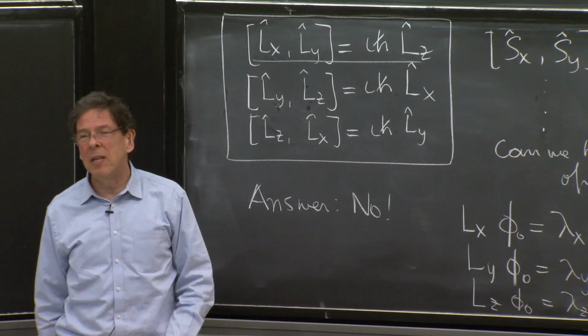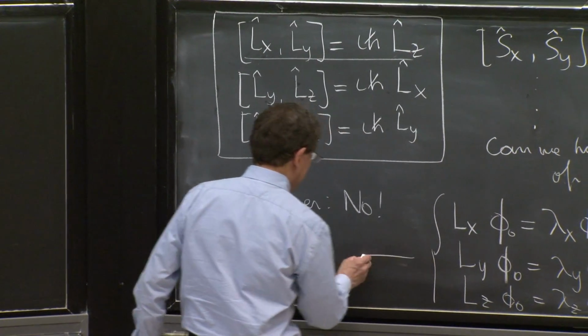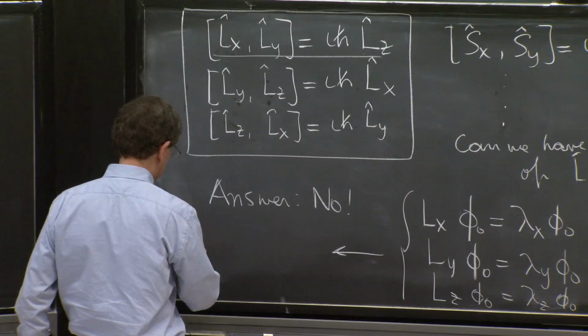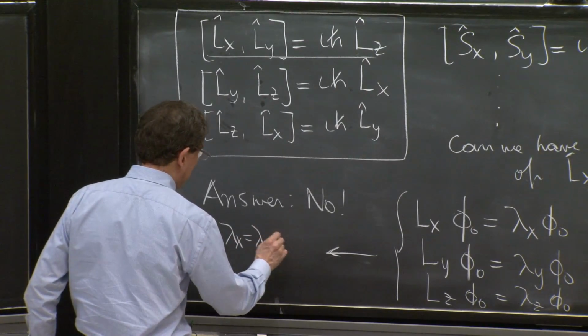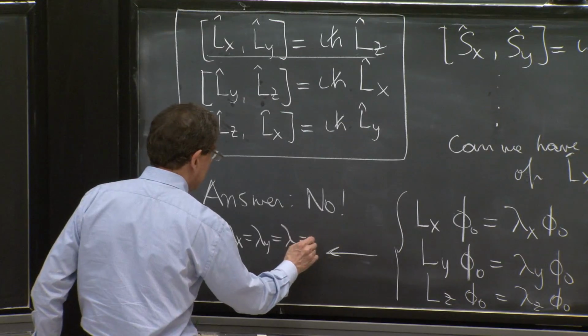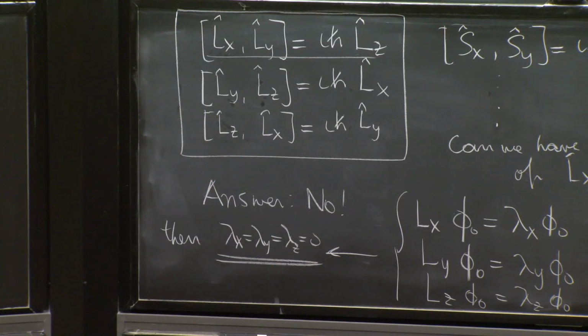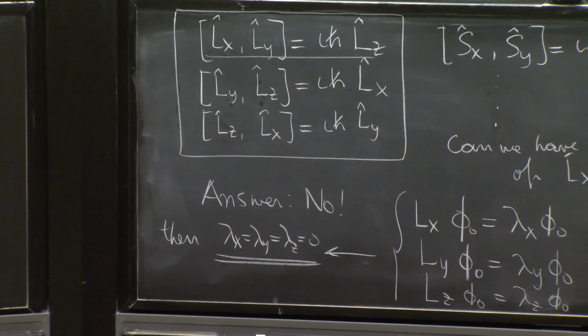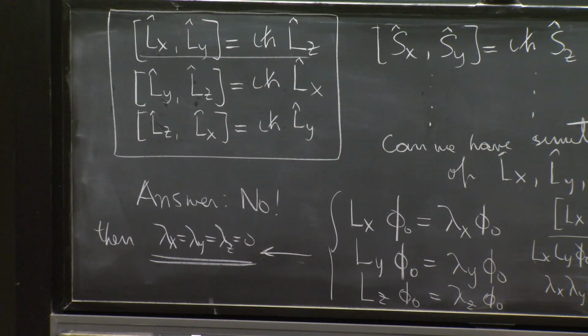So at the end of the day, if these three things hold, then all of them are 0. Lambda x equals lambda y equals lambda z equals 0. So you can have something that is killed by all of the operators, but you cannot have a non-trivial state with non-trivial eigenvalues of these things.